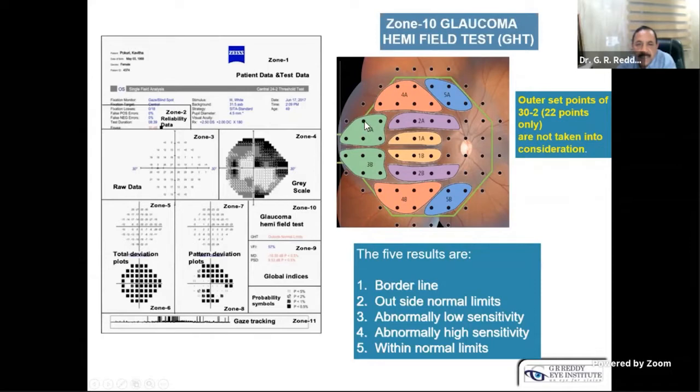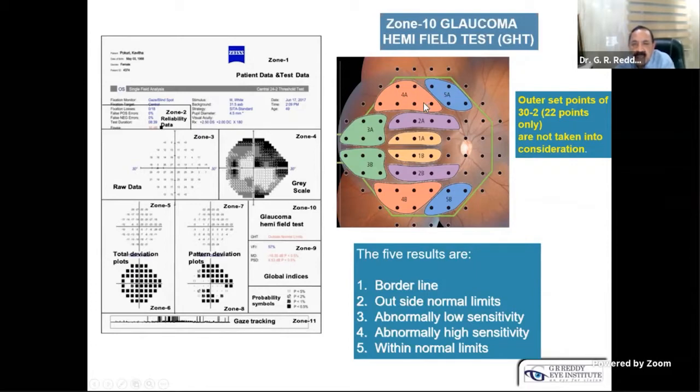They compare the sum of the deviation values of these points with the sum of the deviation values of the mirror points, to see how much difference there is.